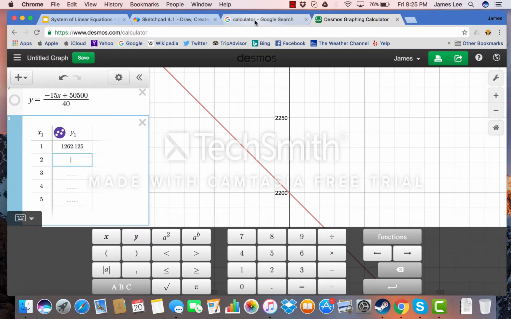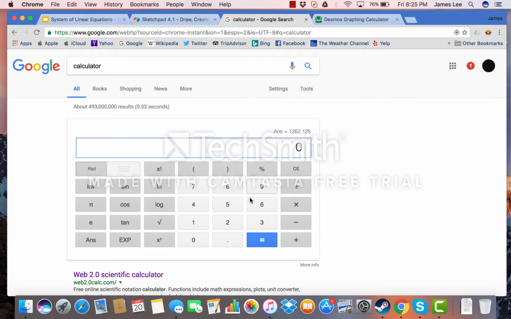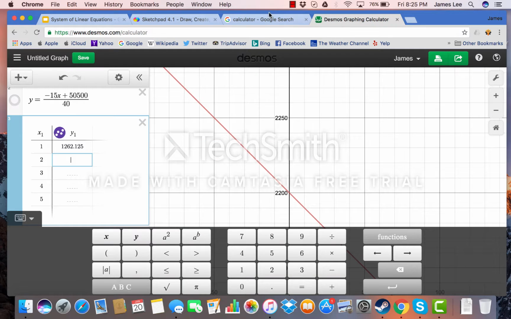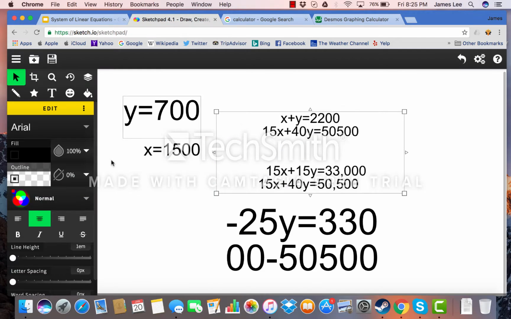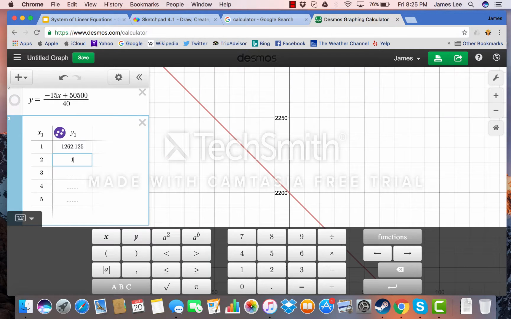Now we can do it again. 50,500 minus 30 divided by 40, which equals 1,261.75.